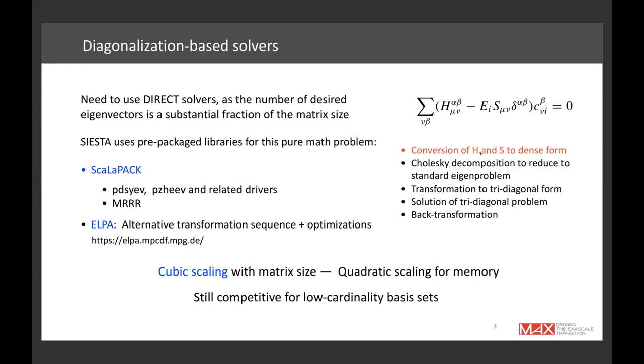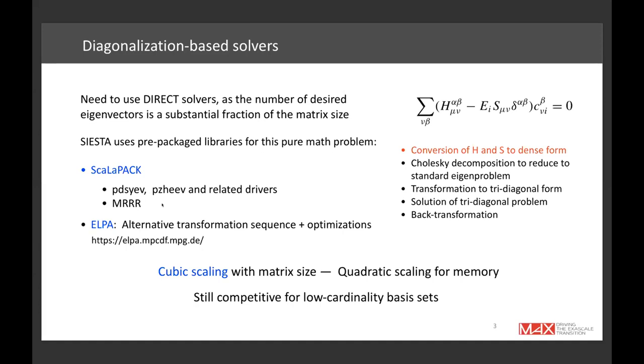One would, for example, first start by converting H and S to dense form, then performing a Cholesky decomposition to reduce to the standard eigenproblem, transform to an easier kind of matrix to handle, in this case a tridiagonal form, solve this tridiagonal problem, and then back transform. These things are typically encoded in these drivers from ScaLAPACK, and these are the traditional ones used in Siesta.